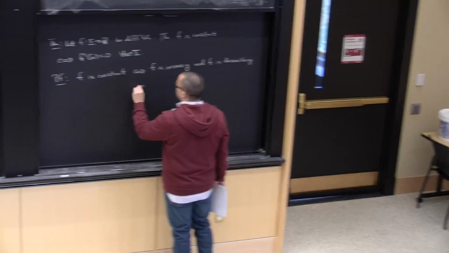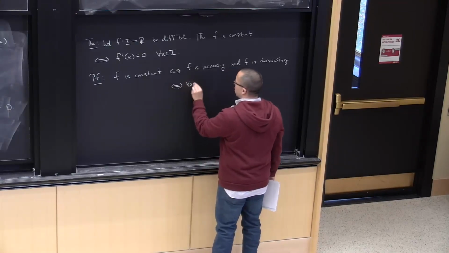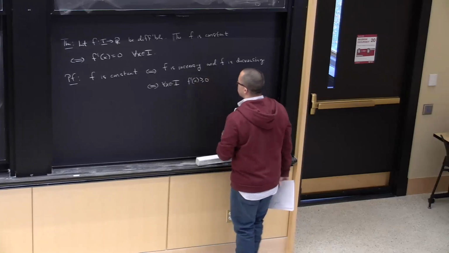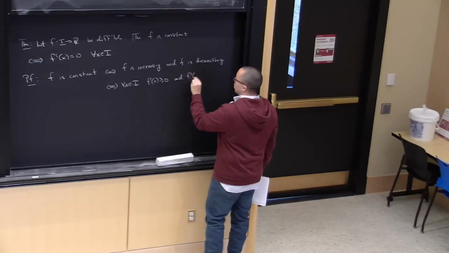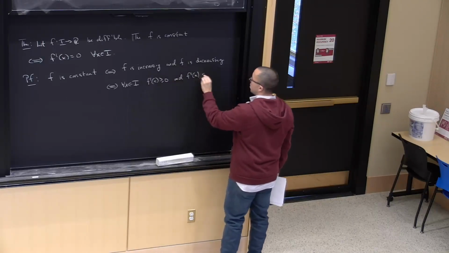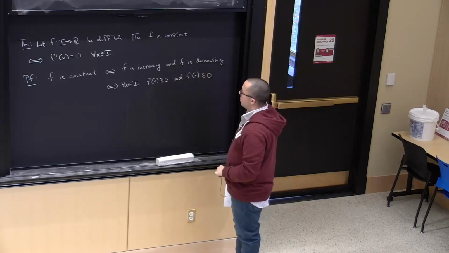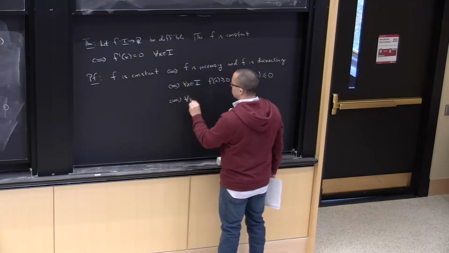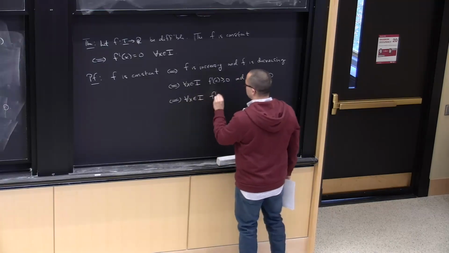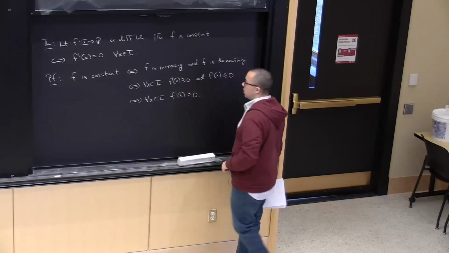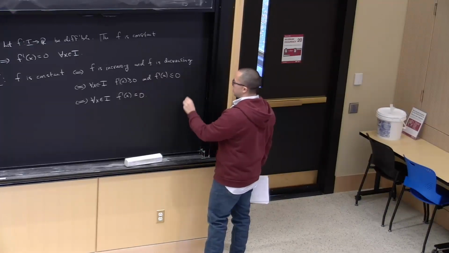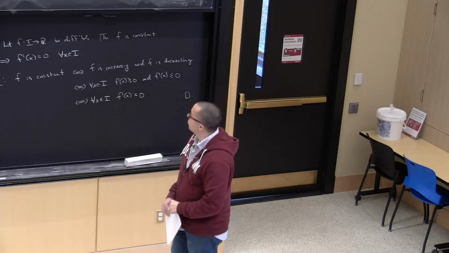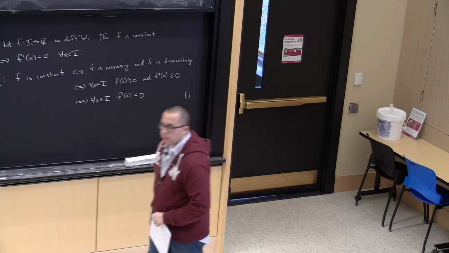And by what we've done now, this means for all x in I, f prime of x is bigger than or equal to 0, and that's for the increasing part, f prime of x is less than or equal to 0. And therefore, this is equivalent to f prime of x equals 0. Right? Okay, so we'll stop there.